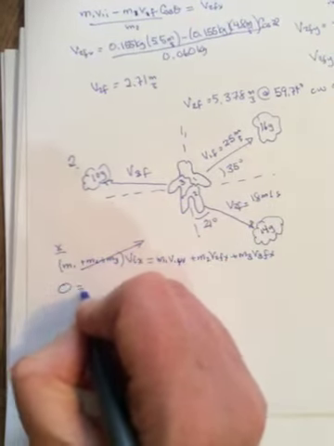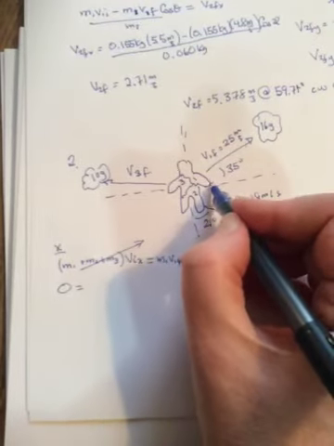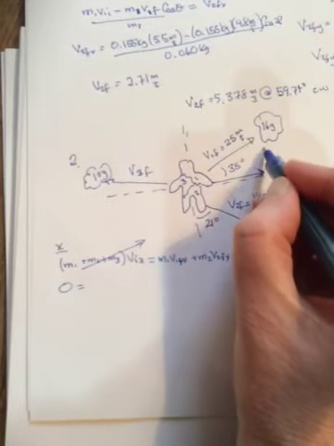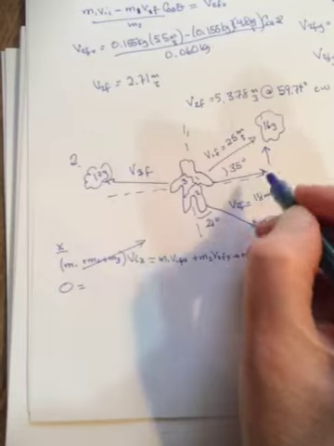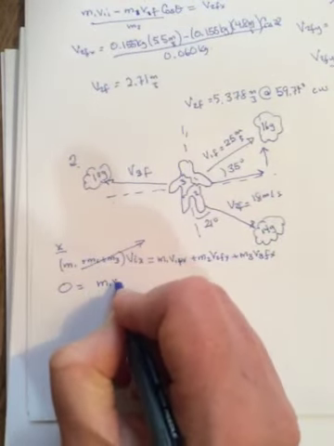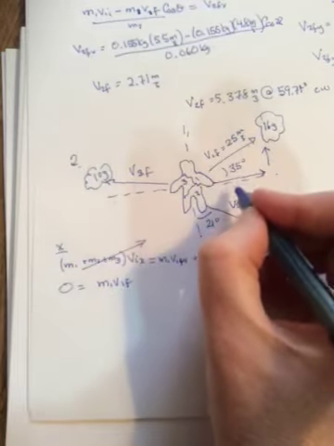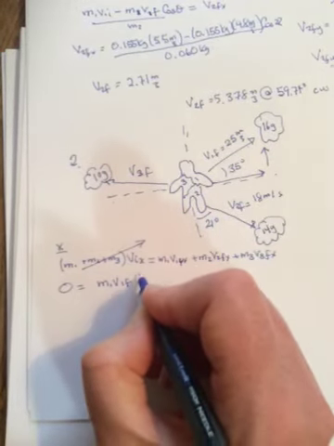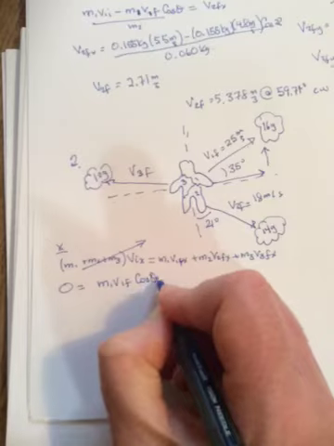Again, before you rearrange, look after your positives and negatives. Your piece 1 is positive in the x, so it'll be m1 v1 final cosine theta 1.